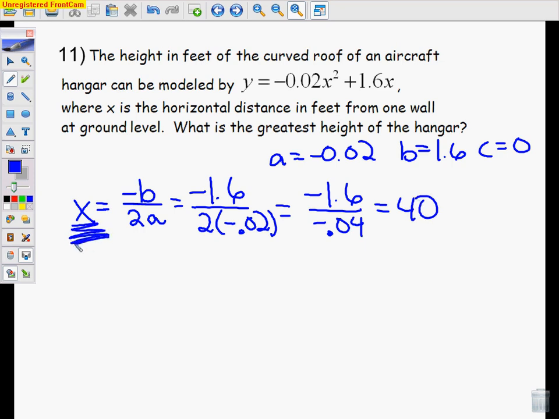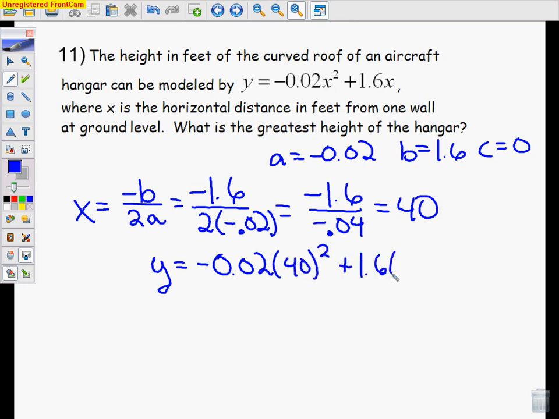We want the height, so that has to deal with the y. So we take our 40 and plug it in for the x's up here. y equals negative 0.02 times x squared, and x, once again, is 40, plus 1.6 times x, where x, once again, is 40.